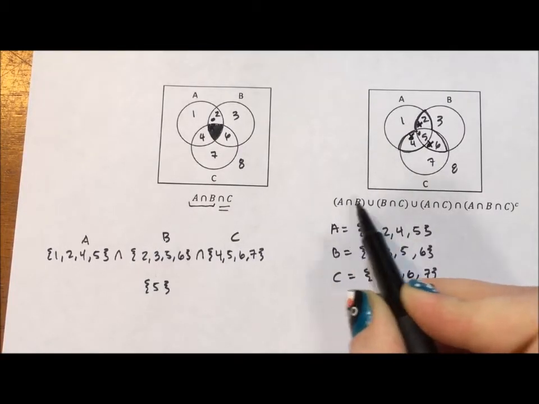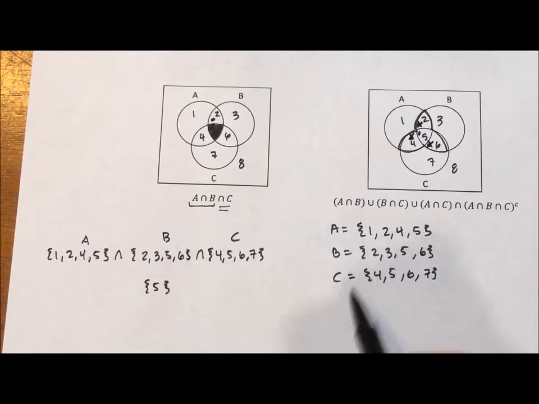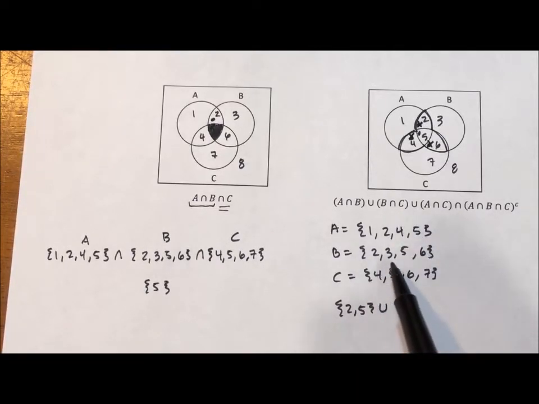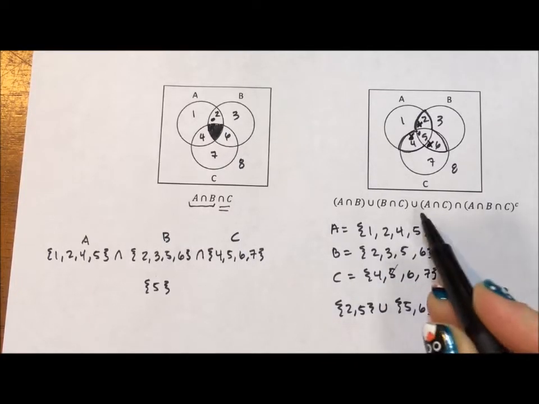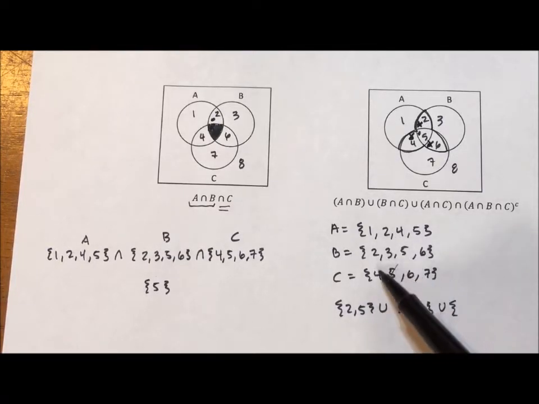The intersection of A and B is 2 and 5. And we want that union B and C. B and C have in common 5 and 6. And we want that union with A and C. A and C have in common 4 and 5.